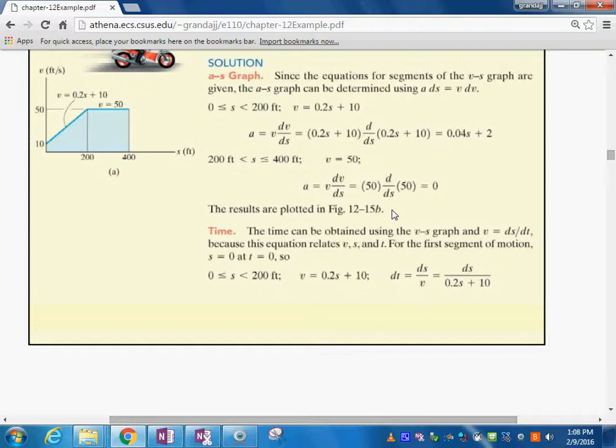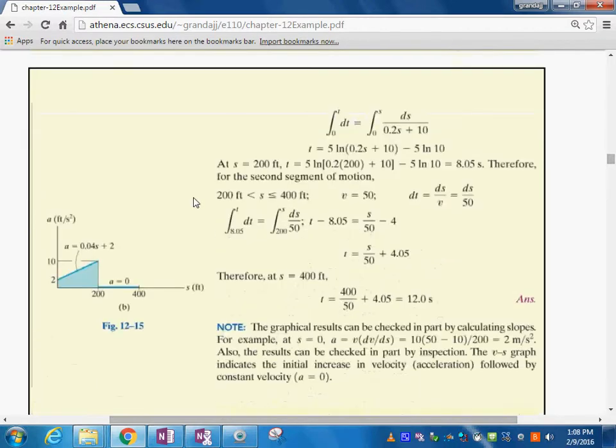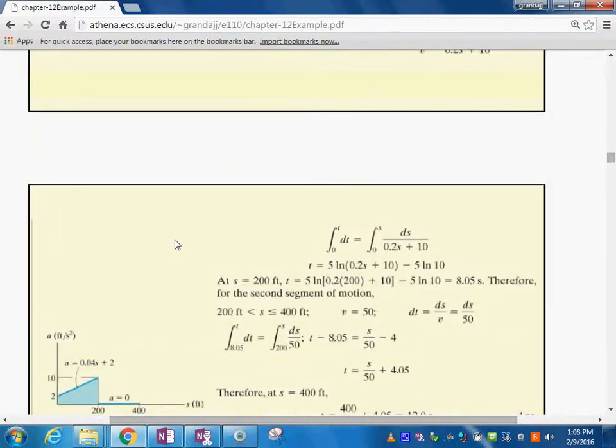And so at s equal to 200 feet, t is 5 ln 50, and then 5 natural log of (0.2 times 200 plus 10), and then we continue with this until we get 8.05 s.